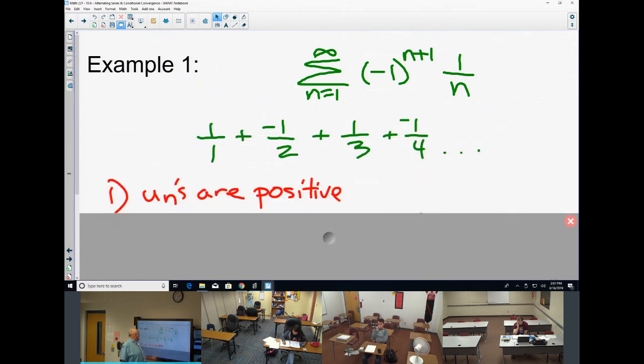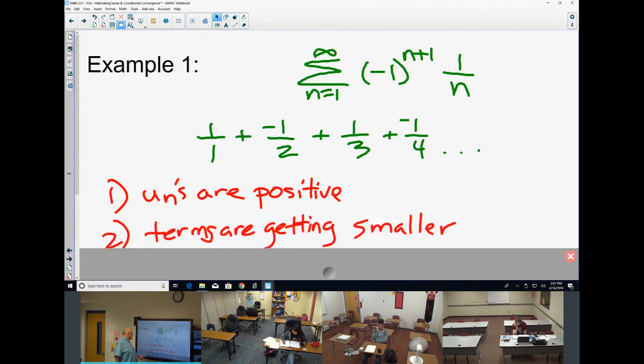So starting at 1, when n goes from 1 to infinity, are all the 1 over n's positive? Yeah, because you get 1 over 1, 1 over 2, 1 over 3. So again, we're not talking about the alternator. You just kind of ignore that. So all the u sub n's are positive. The terms are getting smaller.